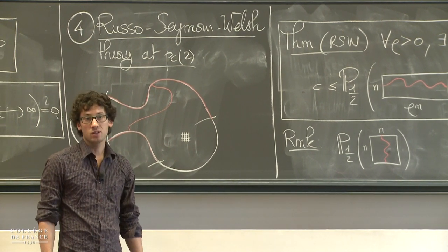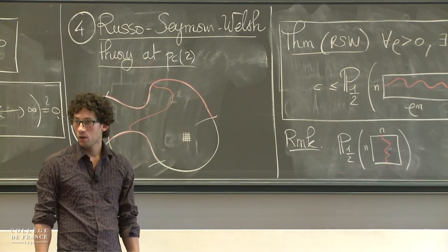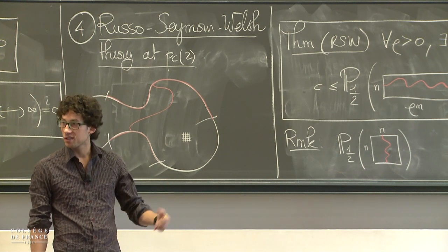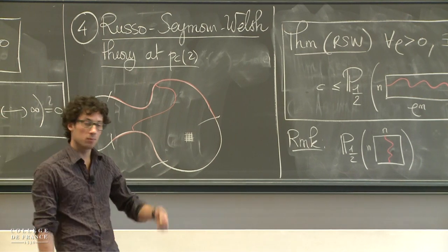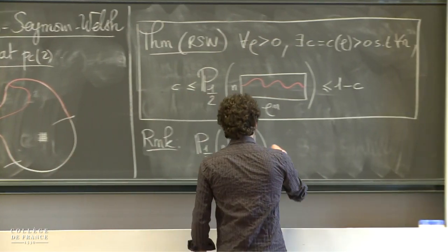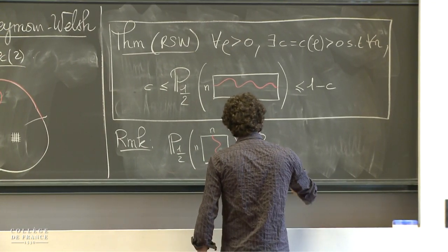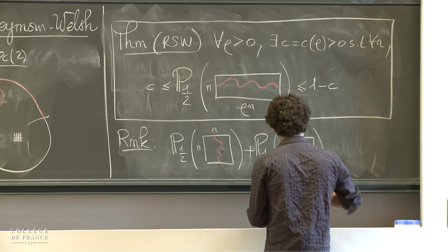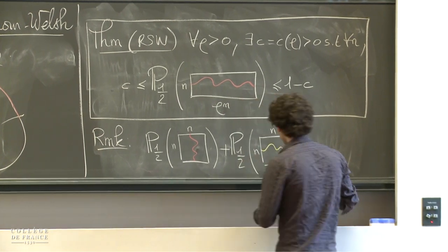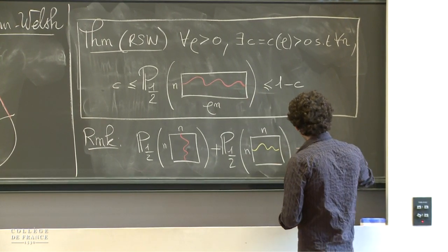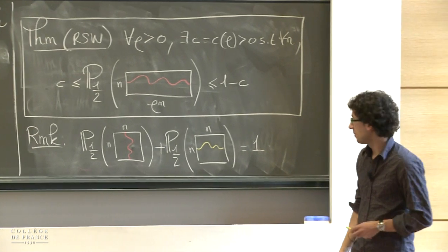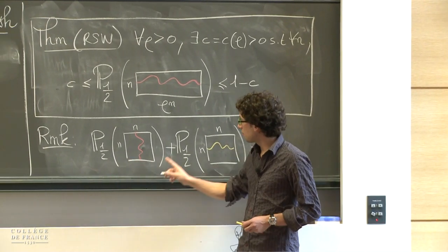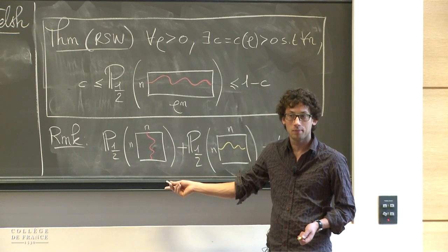Well, it is the existence of a dual path from left to right in the box of size n. It's a path that is blocking the path from bottom to top. So if I add the two probabilities, I get one. Because this is exactly the same event as this one, the probability for a square is 1/2, basically.